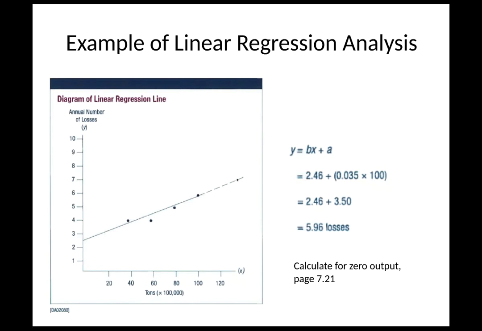Now, the downside of this is, let's say we say we're going to have 0 output, right? And we replace that as the variable. Well, it's still going to say we'd still have 3.5 losses, right? So sometimes this regression analysis can only go so far, and it's important to understand how that actually does work.